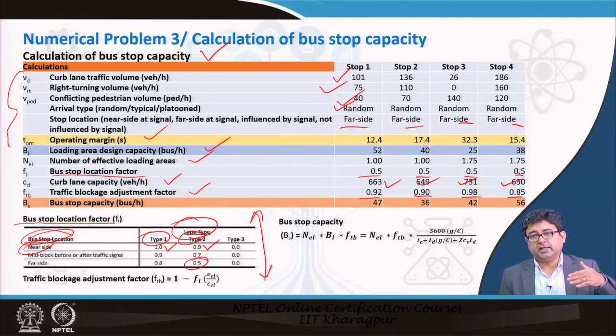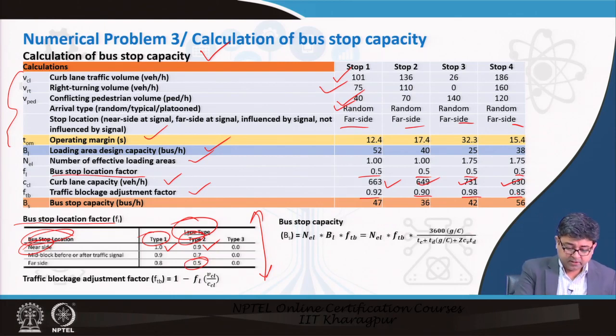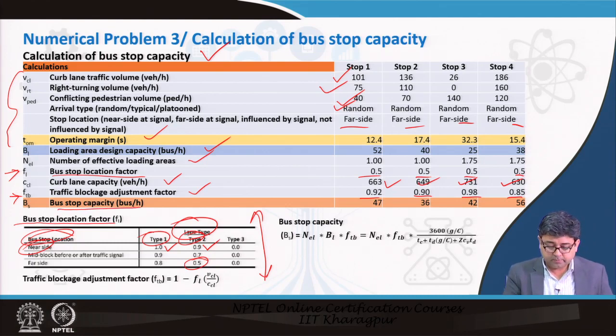If the buses are not able to get into the loading areas, they are queued up into the traffic lane, so the traffic is not able to move. That is the traffic blockage adjustment factor. If you know this standard value and this one from the table right here, you can calculate the bus stop capacity.